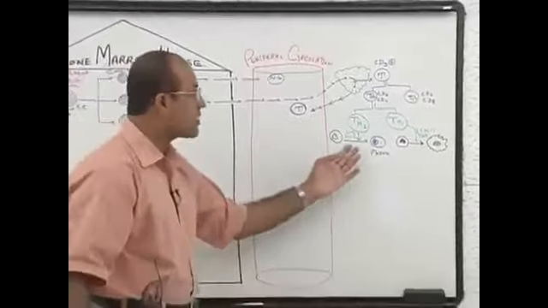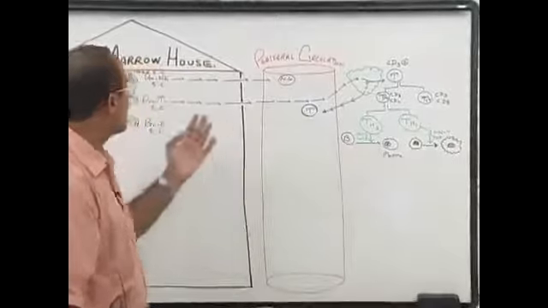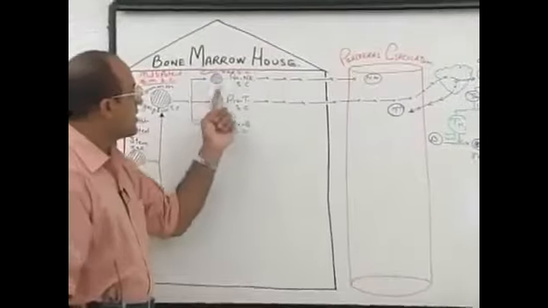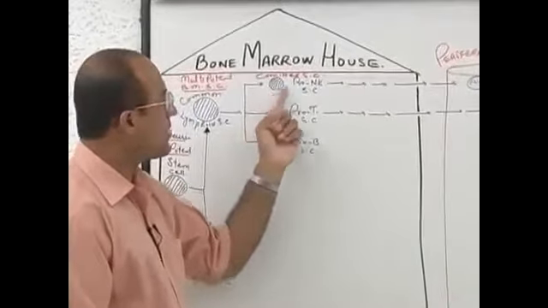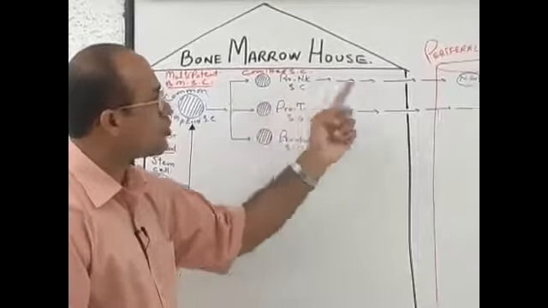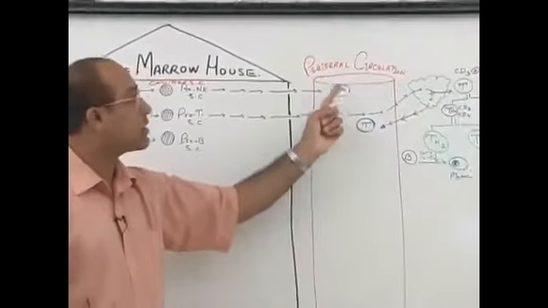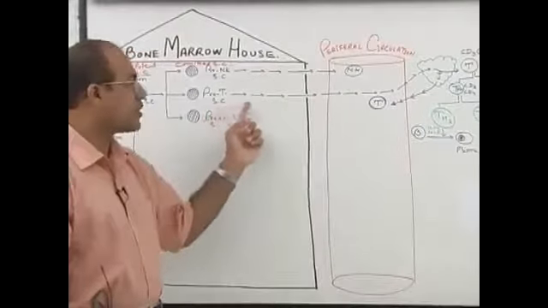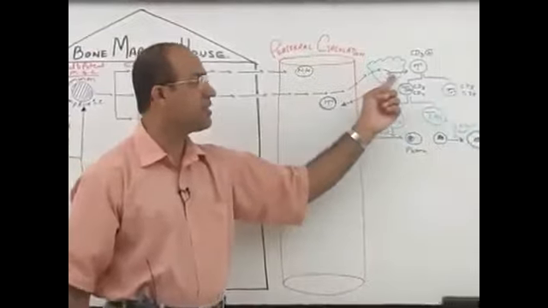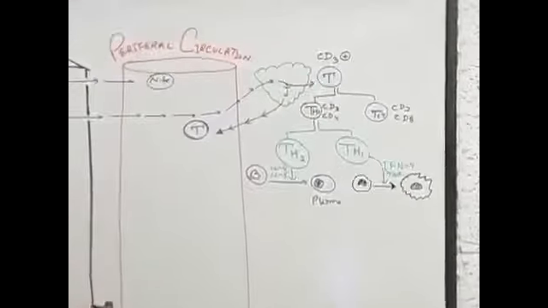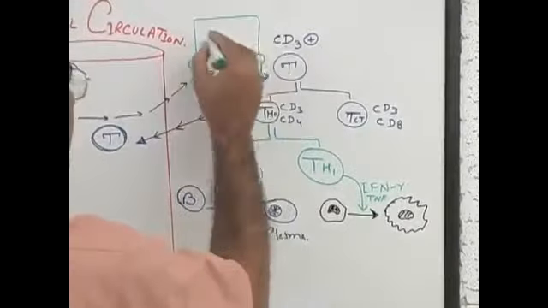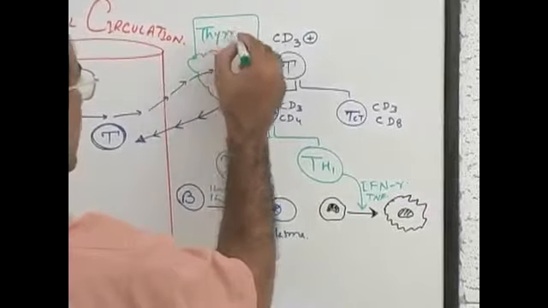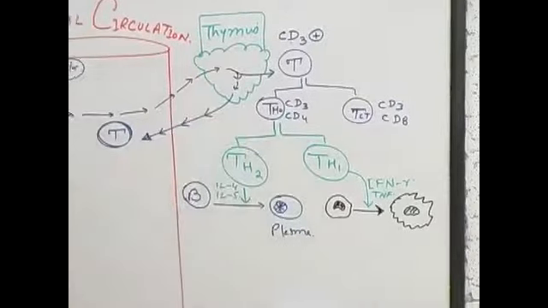Again, let me repeat it because it's worth repeating that these natural killer stem cells produce the product which are natural killer cells, which are not T cells, which are not B cells. Pro-T stem cells produce the product which will be trained in thymus, and after the thymic training, these cells come out as T cells.